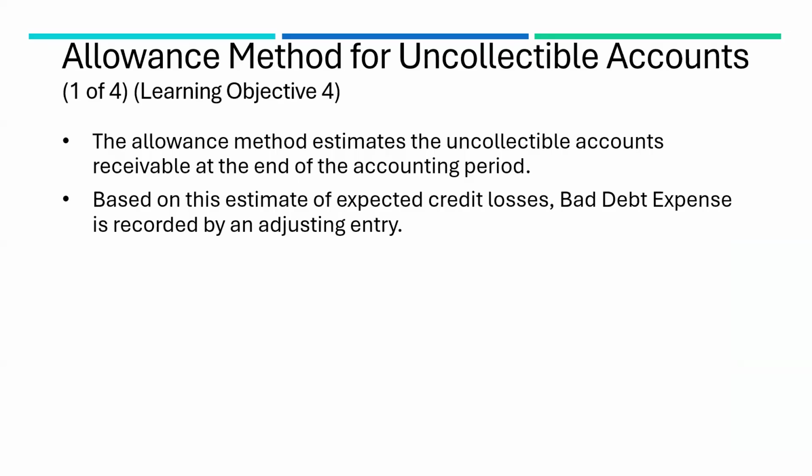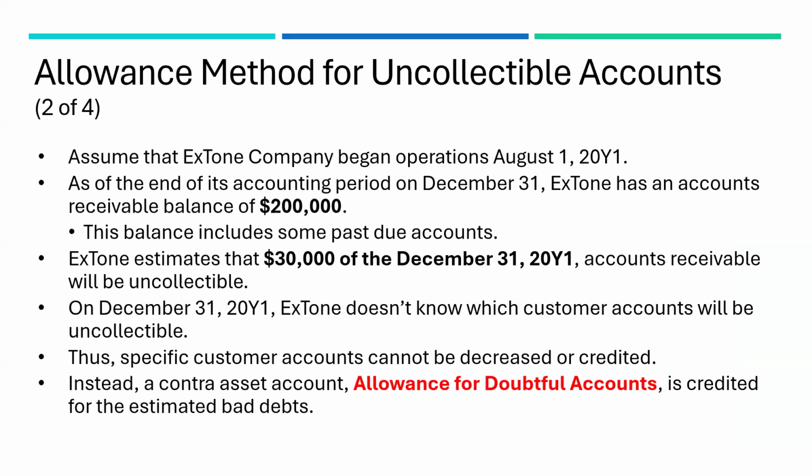Now, under the allowance method, we create an estimate of the credit losses, and it's recorded as an adjusting entry. For example, at the end of the year, the receivables balance is 200,000, and we estimate that 30,000 of the accounts receivable is going to be uncollectible.